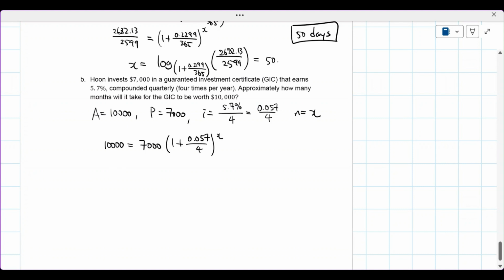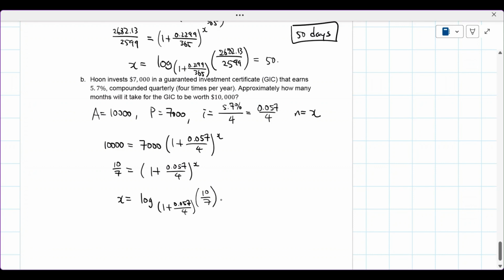Let's solve for x one by one. Divide both sides by 7,000, so it's going to be 10 over 7 equals (1 plus 0.057 divided by 4) to the power of x. Similar to the previous question, let's take the log on both sides. So x is equal to log base (1 plus 0.057 divided by 4) of 10 over 7.